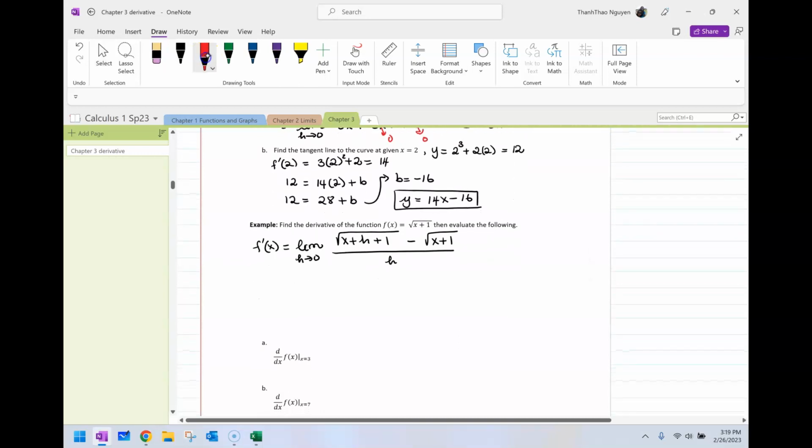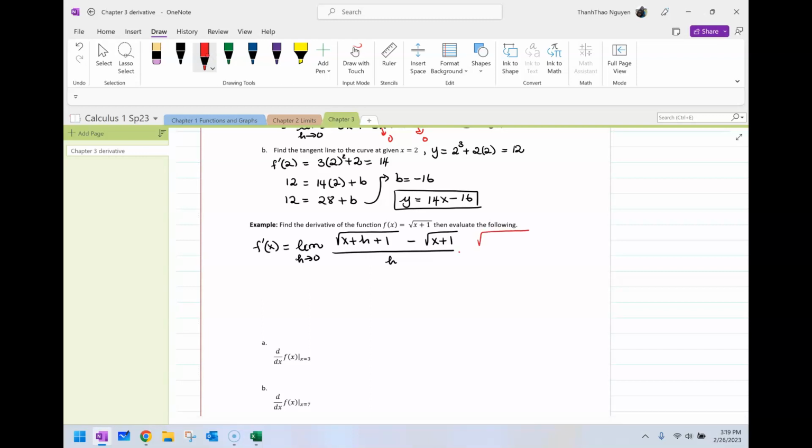To simplify this, we multiply the numerator and the denominator by the conjugate of the numerator.